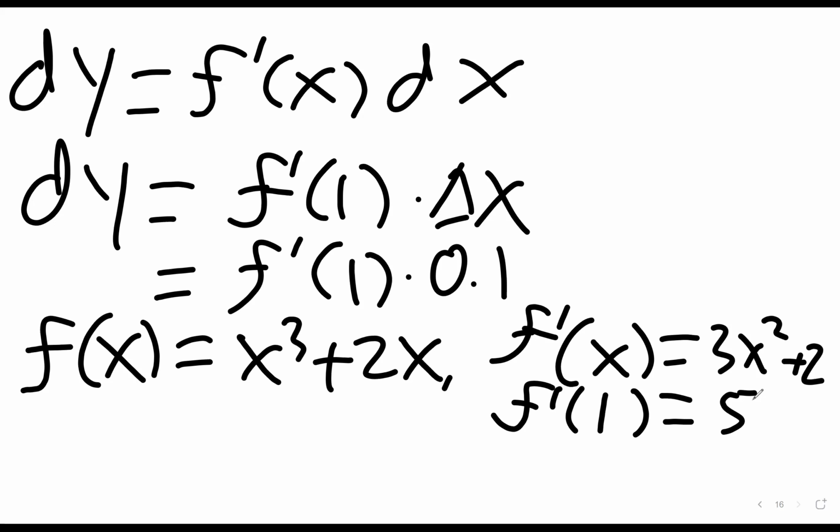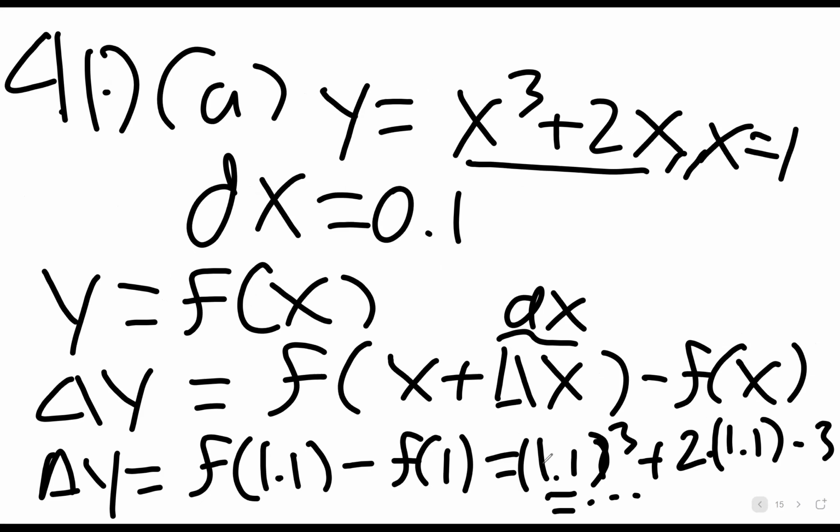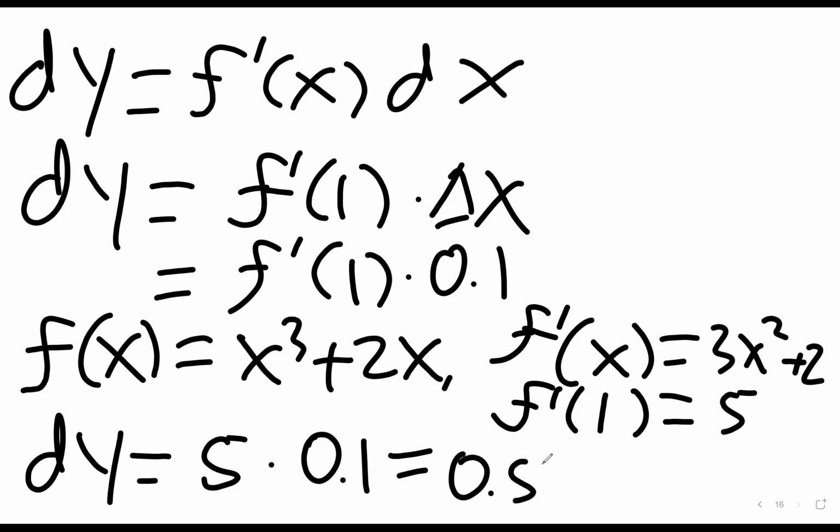So to calculate dy, it will be f prime of 1, which is 5, multiplied by 0.1, and that will be 0.5. Of course, you can compare it with delta y. Is it far or not from 0.5? You may calculate it.